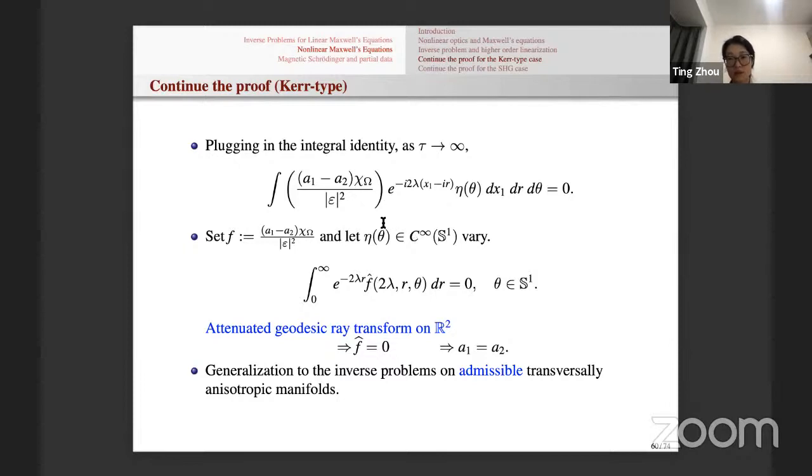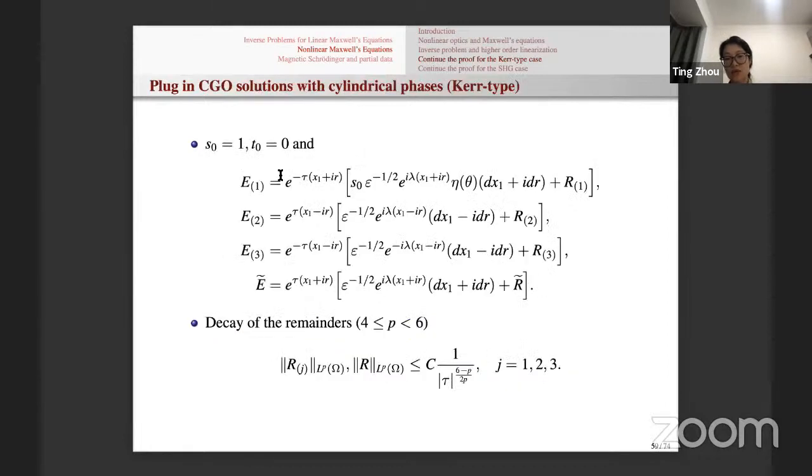This is where the analysis digresses into different kinds of integral transforms, so you sometimes run into integral geometry inverse problems, like what Gunther was talking about. This can be generalized to the inverse problem on admissible transversely anisotropic manifolds. These are essentially those manifolds with a metric that allows this kind of cylindrical coordinate, so that you can construct similar CGO solutions for Maxwell's equations.